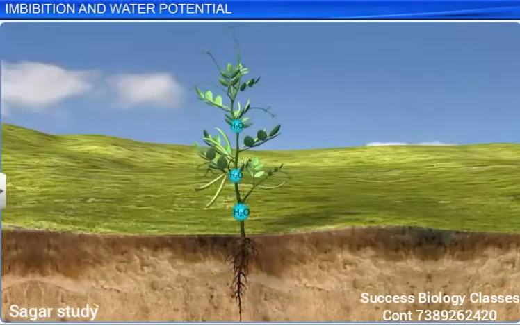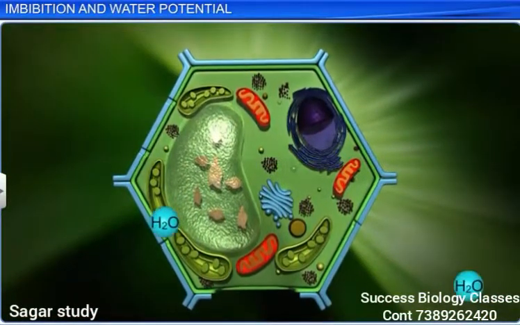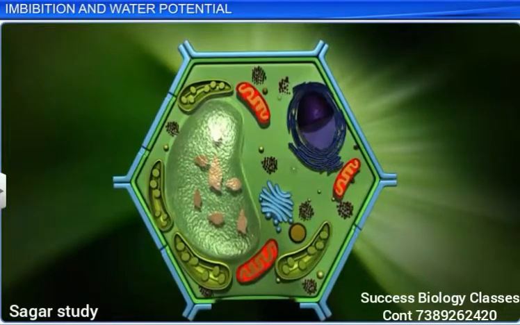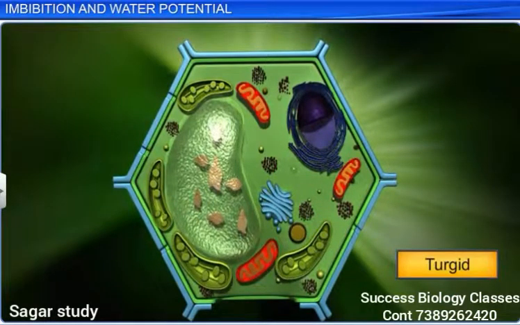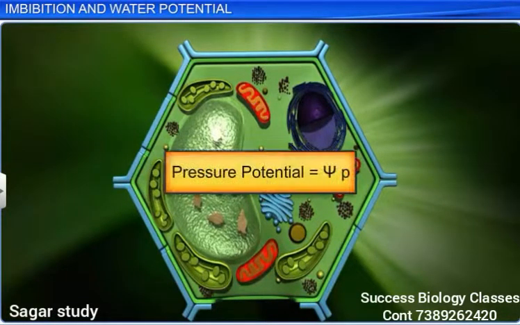When water enters a plant cell due to diffusion, it builds up pressure against the cell wall, causing the cell to become turgid. This pressure that is applied by the protoplasm against the cell wall is called pressure potential. Pressure potential, which is denoted by psi p, is usually positive.